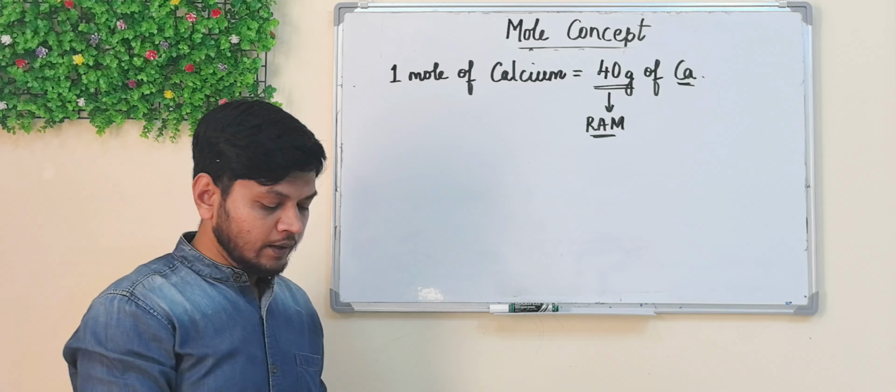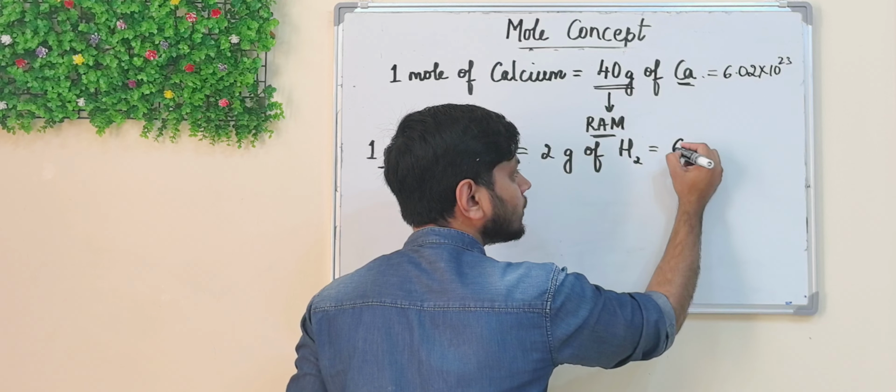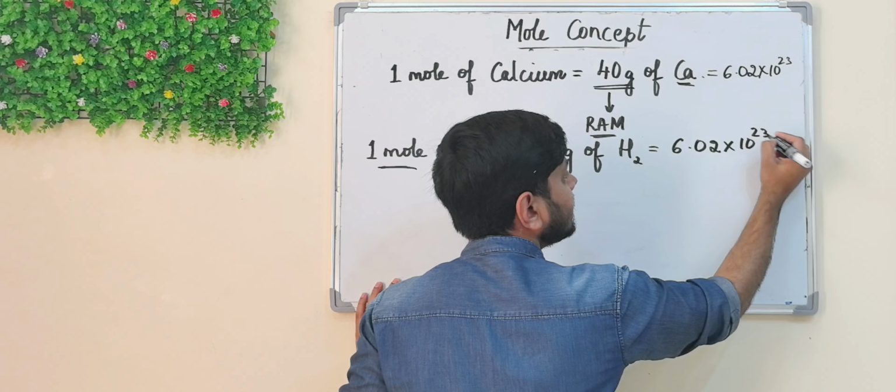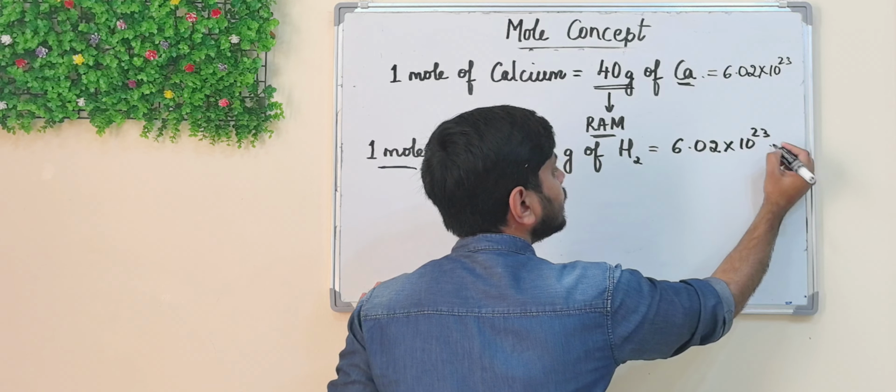And again, 2 grams of hydrogen will also have 6.02 into 10 to the power 23 molecules of hydrogen in it. I hope you are understanding.